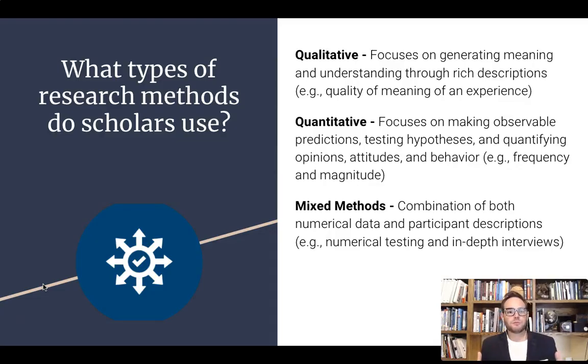A lot of times people say this is the humanistic part of research, like we are trying to get to know the human side of research. Now, quantitative, quantity, so again, you can see that root word, quantitative research really focuses on making observable predictions, testing hypotheses, and quantifying opinions, attitudes, and behavior.